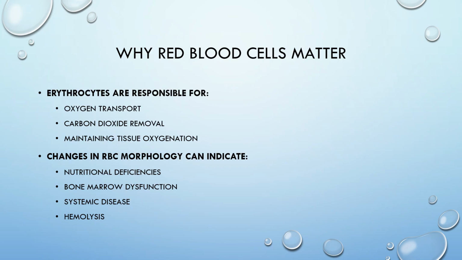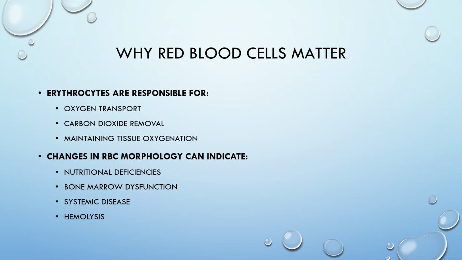Red blood cells are responsible for 3 essential physiologic roles. First and most obvious, oxygen transport. Hemoglobin inside red blood cells binds oxygen in the lungs and delivers it to tissues throughout the body. Without adequate oxygen delivery, cells cannot produce the energy they need to function.